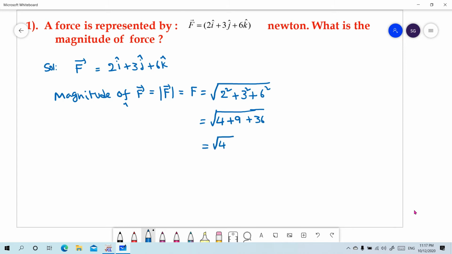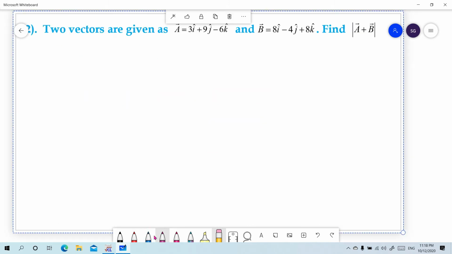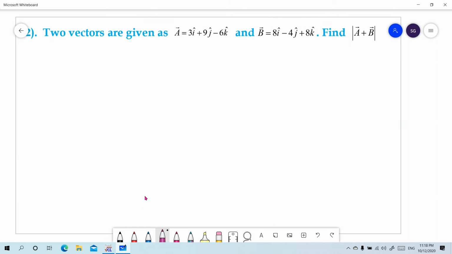So the magnitude of F bar vector is equal to root of 49, that equals 7. The unit of the force is Newton, so 7 Newton.